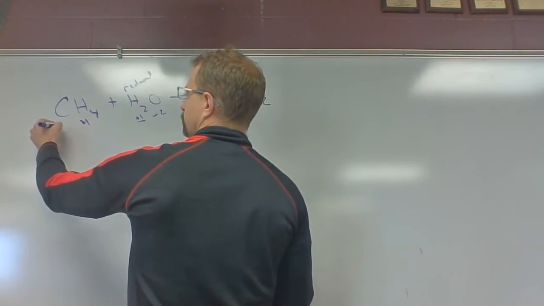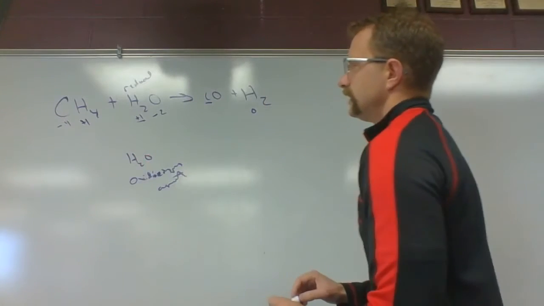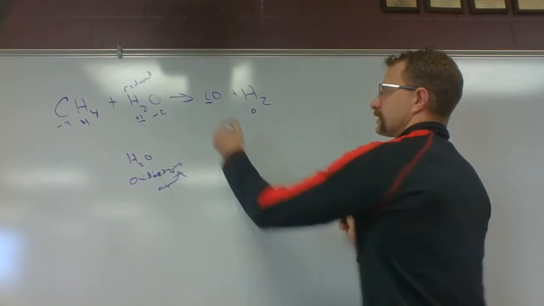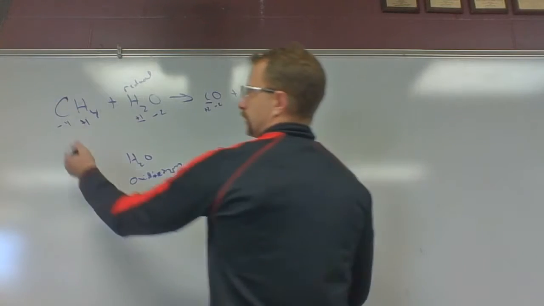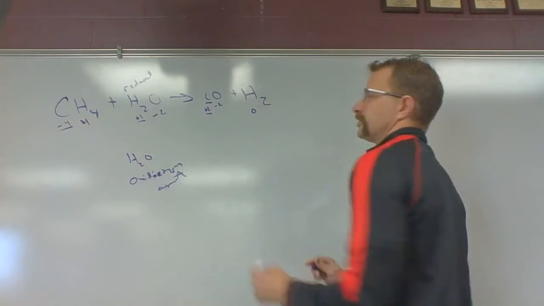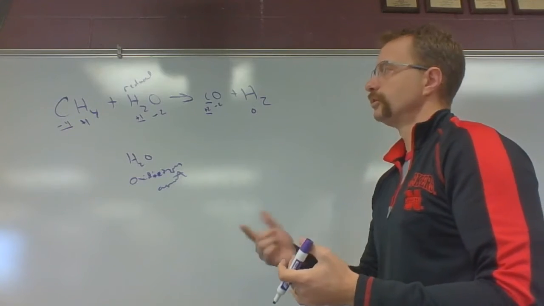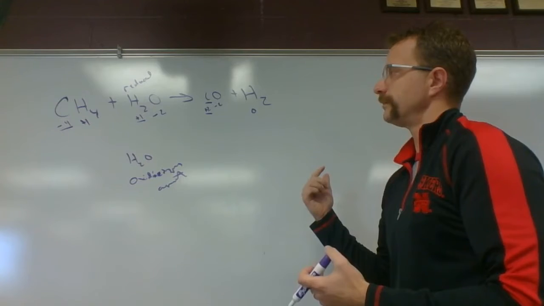Carbon here is a plus, that's a -2, so the carbon is a +2. So the carbon goes from a -4 to a +2. So it does that by losing electrons. As it loses electrons, it is oxidized. It is the reducing agent, all that kind of stuff, right?